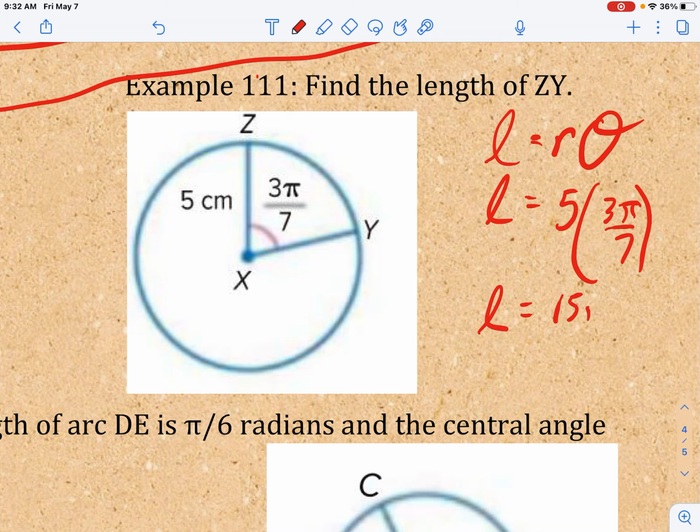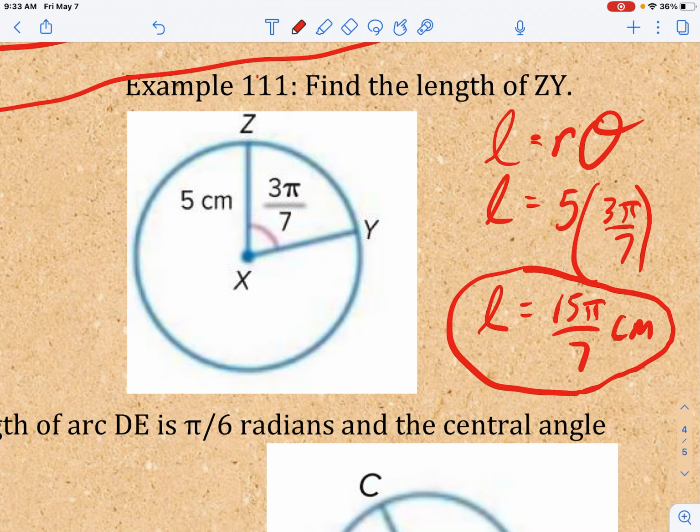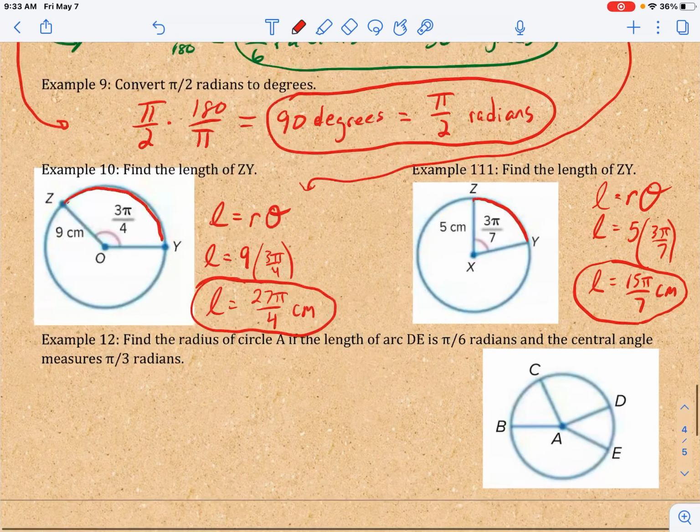And we get 15 pi over 7 centimeters. And that is the arc length from point Z to point Y. So yes, you could plug that into a calculator. You get like 45 or 47 over 7 or something. So it's about 6 centimeters. Yeah, something like that, you know, in the general region, 6.5. Okay?